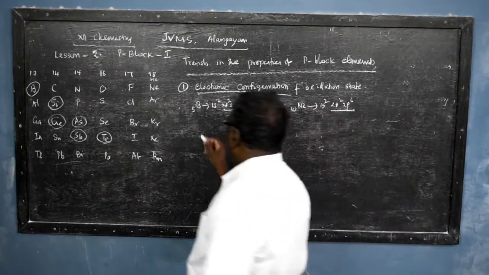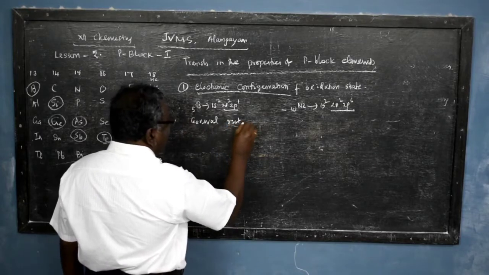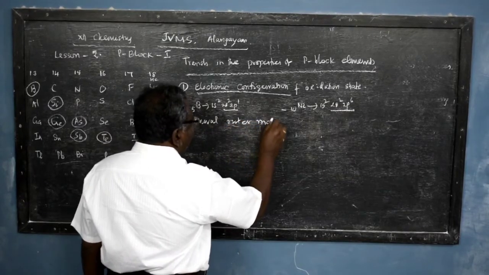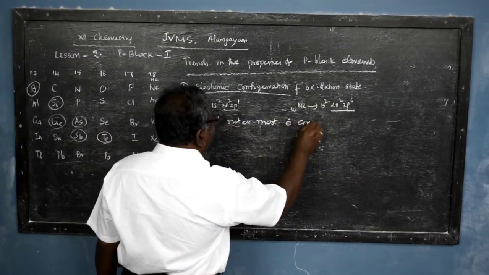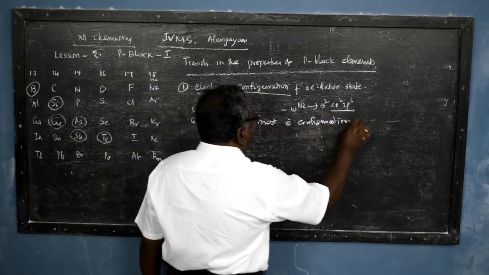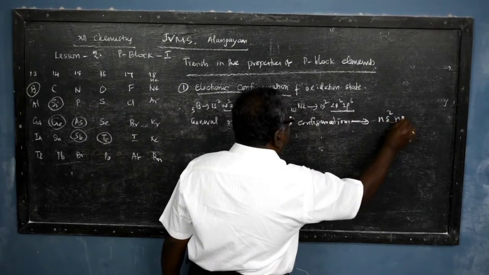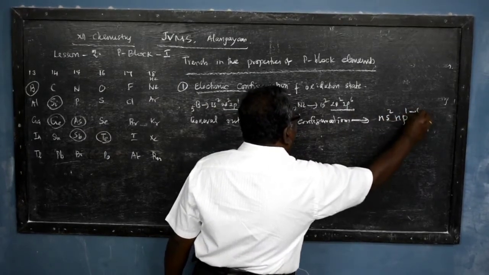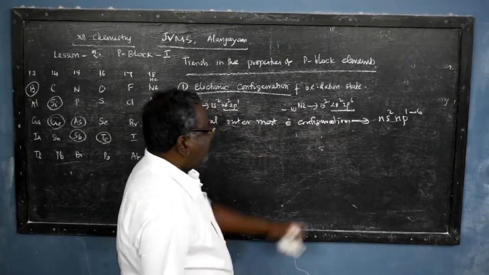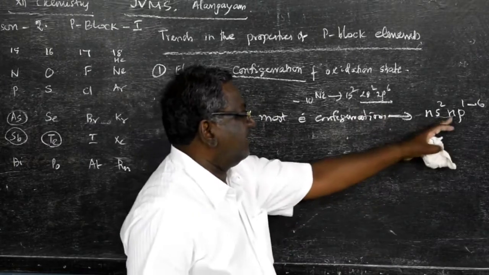Therefore, the general outermost electronic configuration we'll write as ns2 np1 to 6. What is this n? n is the outermost shell, the valency shell.